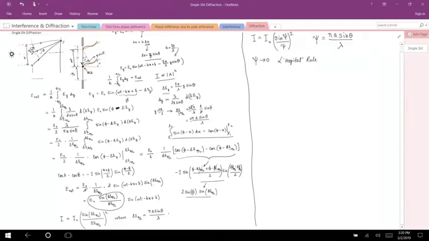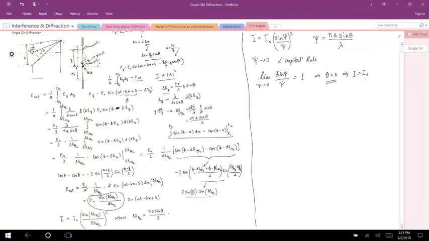Using L'Hopital's rule, you can take a derivative of the numerator and denominator and figure out that, in the limiting case where psi goes to 0, sine psi over psi is just equal to 1, which means that theta equals 0 will give you I equals I0. So that's a maximum.